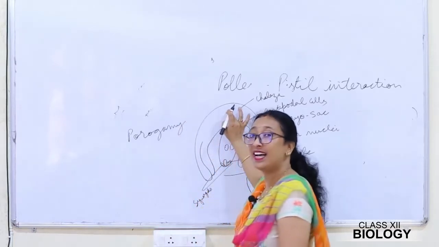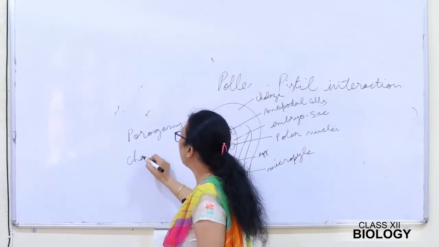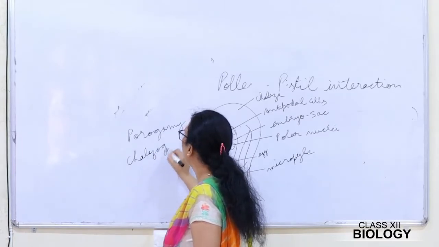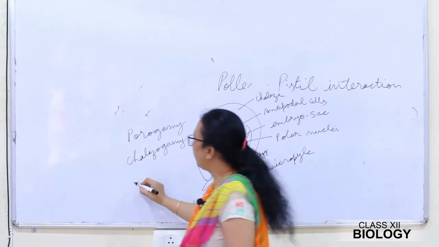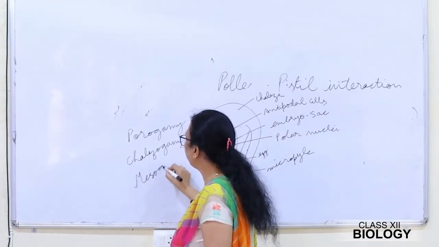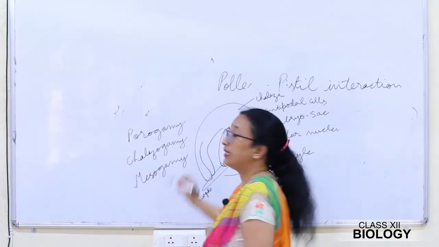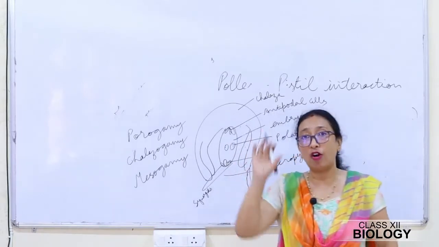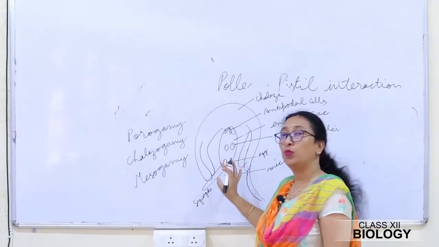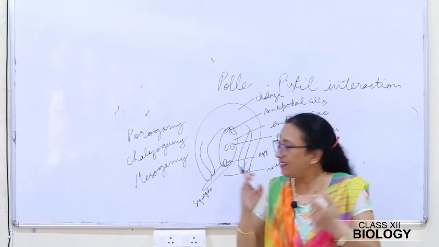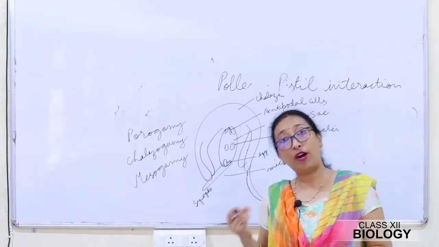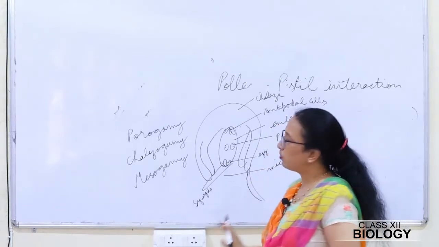Through the chalaza, it is known as chalazogamy. Or through the integuments, it is known as mesogamy. There are three ways of entry of the pollen tube or the male nuclei towards the egg.